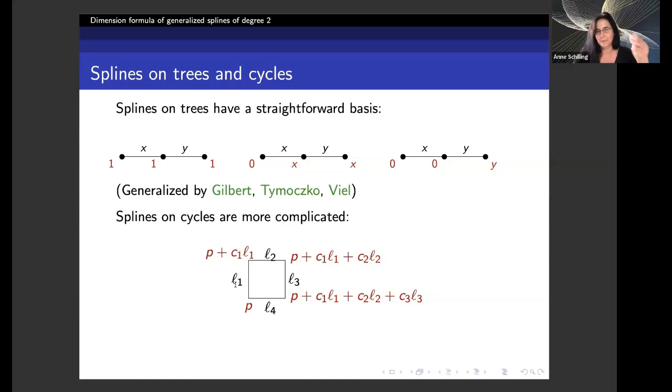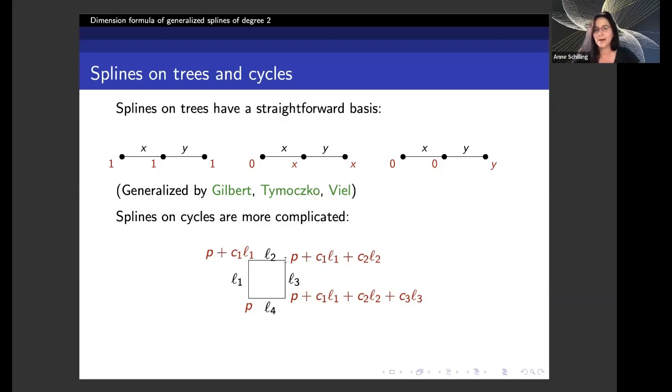As I said before, L1 is really equal to x plus A1 squared, and L2 is x plus A2 squared and so on, but for simplicity, I'm just going to call them L. If we have some label P on this vertex, then this next vertex has to be of the form P plus some constant times L1, because the difference has to be a multiple of L1, and the multiple is C1.